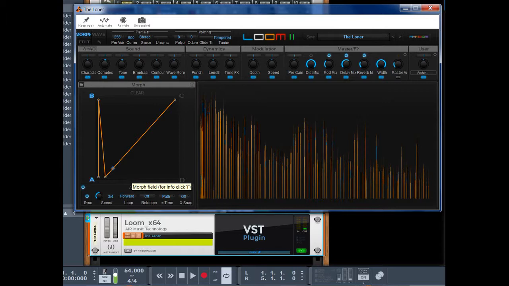But I had to buy this because I wanted it on my offline computer, and certain AIR synths I want on my offline, and the only way you can do that is you buy them separately. So I bought Loom 2.